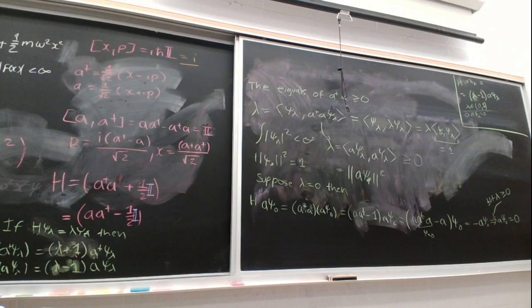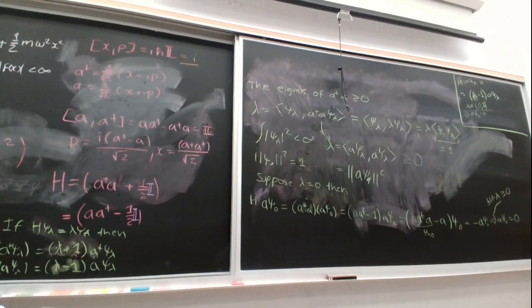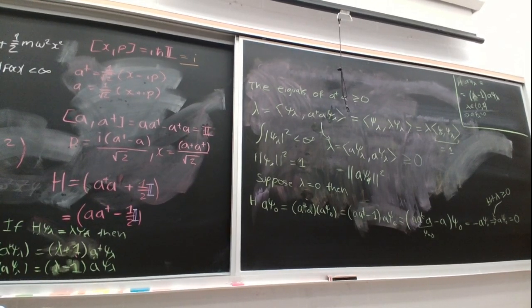And so now we know the eigenvalues are all the integers. Do you agree? Not the integers, the non-negative integers, so I should have some state with eigenvalue lambda equal to 0. Do you agree? We can try and solve for it directly.